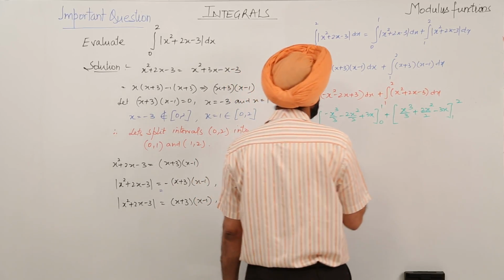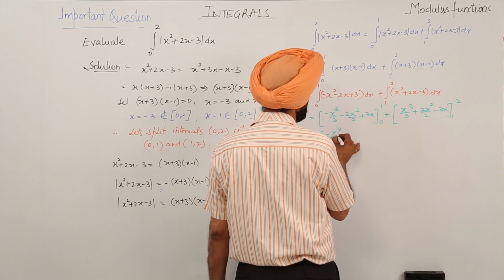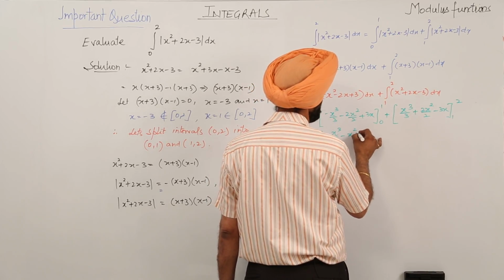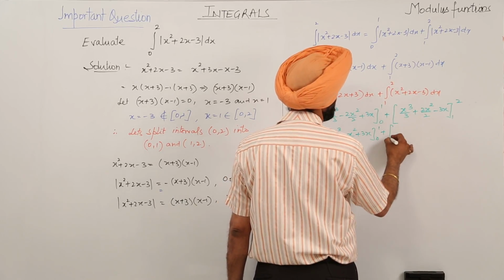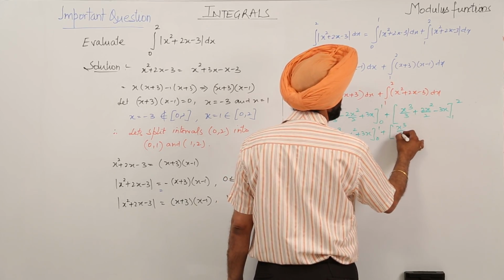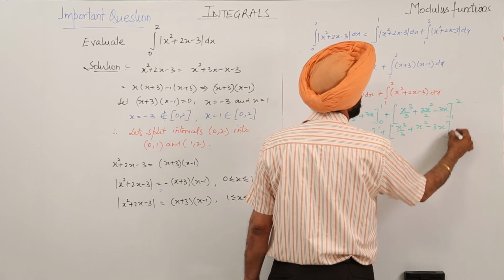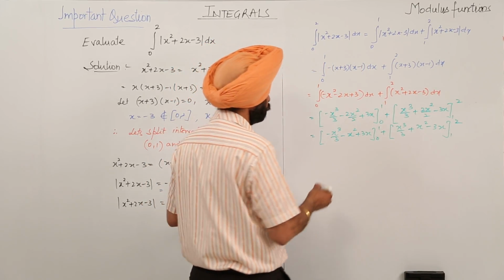Okay, minus x cube upon 3 minus x square plus 3x from 0 to 1, plus x cube upon 3 plus x square minus 3x from 1 to 2. Okay. Now let's put the values.